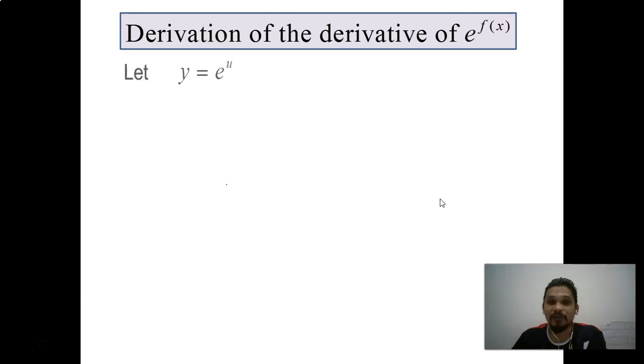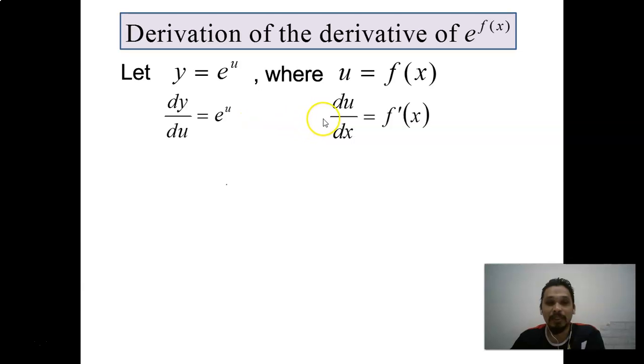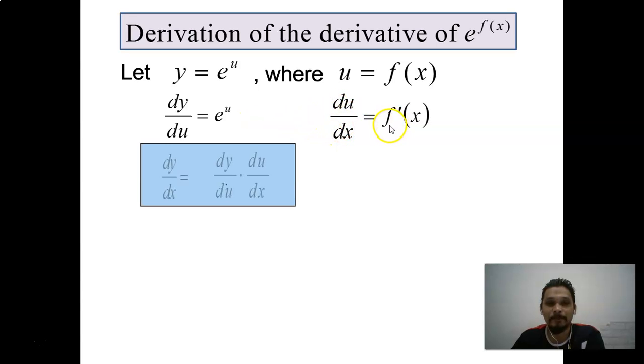Okay, so the derivative of e to the power of f(x), where u equals f(x). So then dy/du equals e to the power of u, and du/dx equals f prime x.